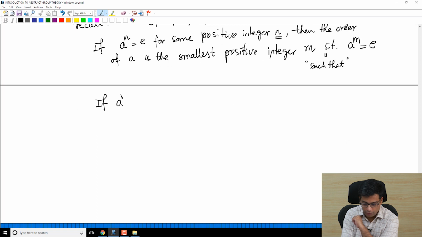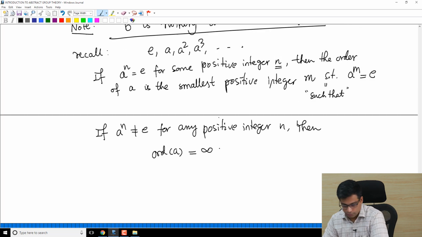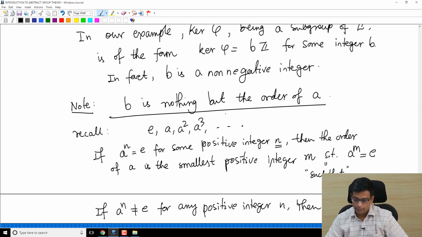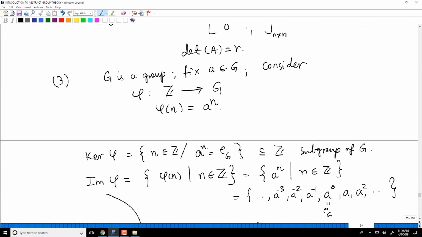If A power n is not equal to e for any positive integer n, then I will simply define the order of A to be infinity.